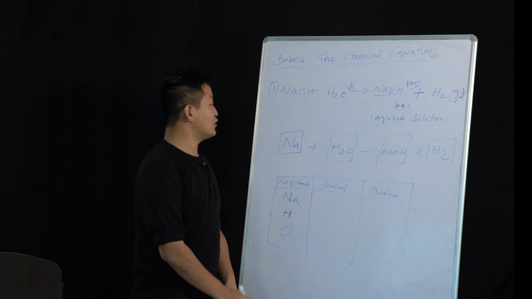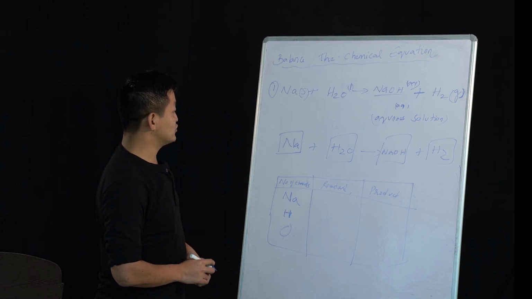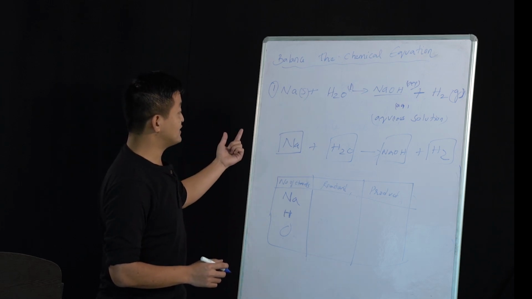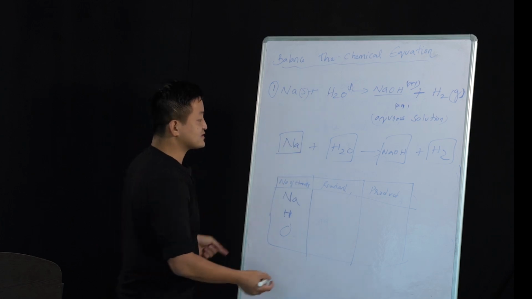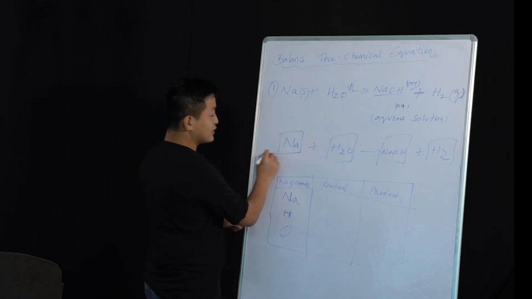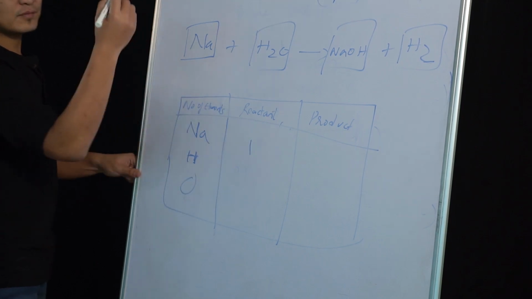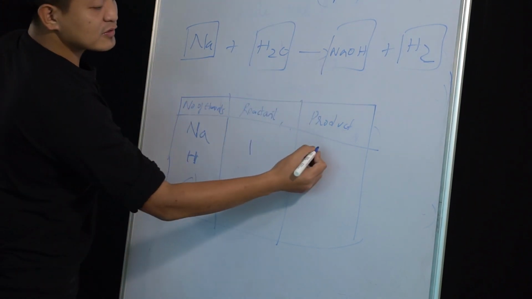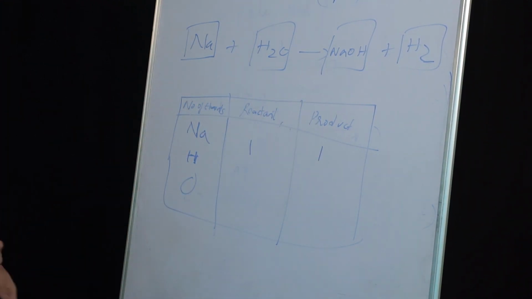Now let's count how many sodium atoms there are on the left hand side and on the product side, that is the right hand side. We have only one sodium on the reactant and only one sodium on the product. Now let's see how many hydrogen there are on the left hand side: 2.